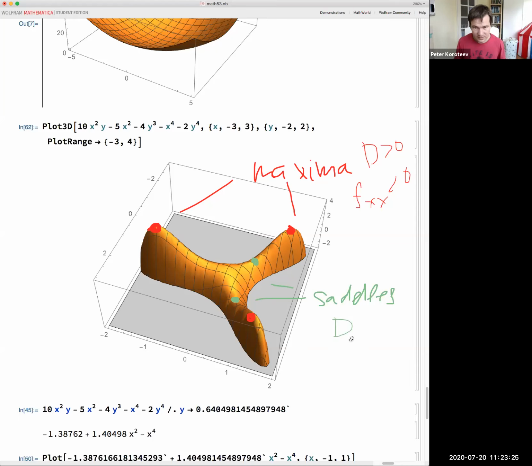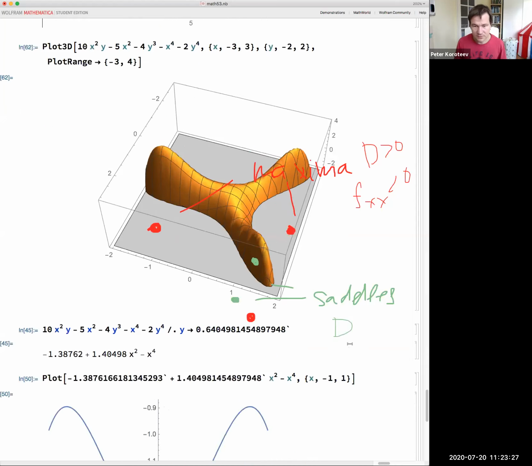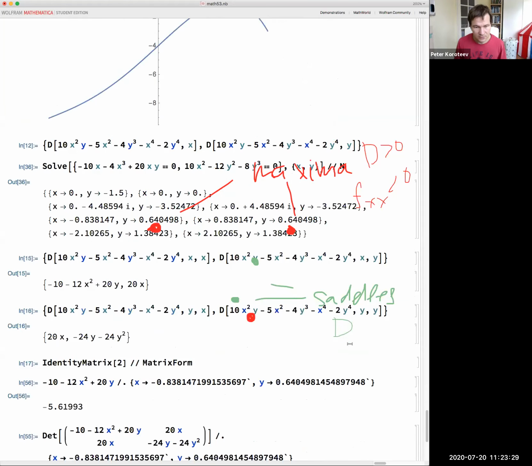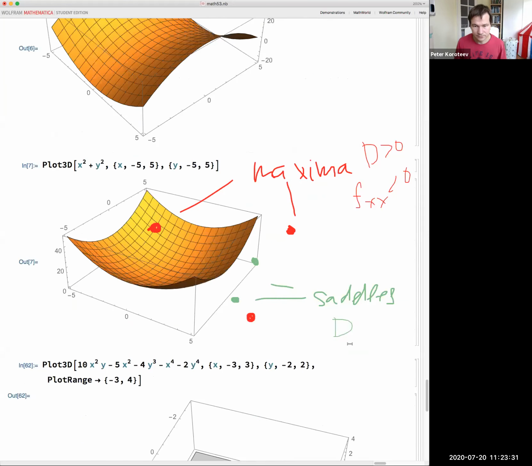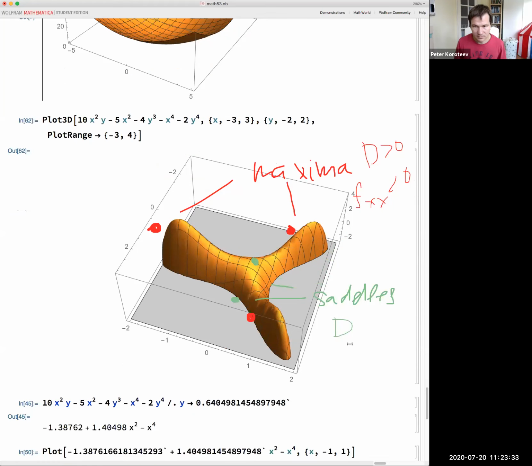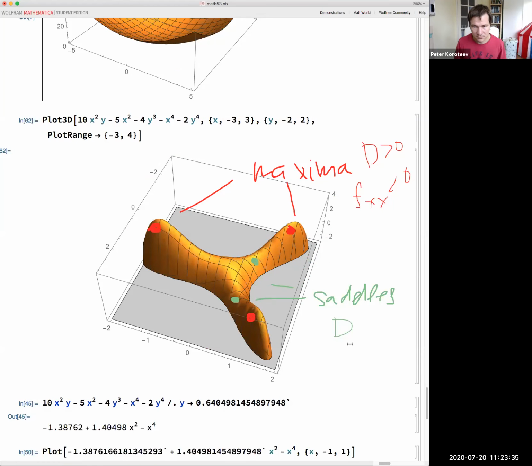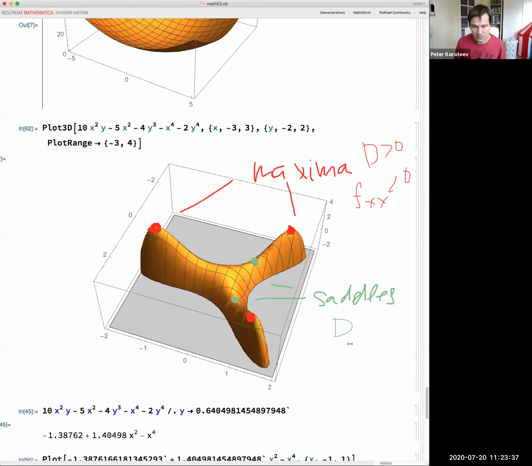Right? No, I forgot, what was that? No, it was negative. Yes, the determinant was negative, and the sign of the fxx did not matter.